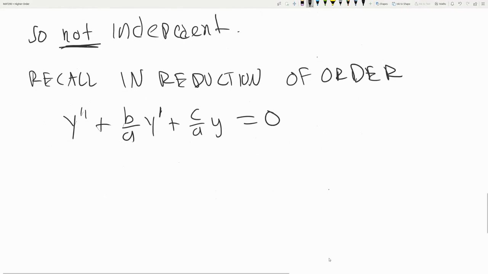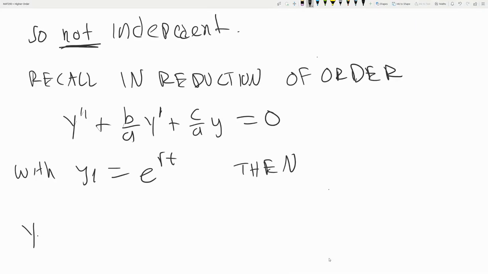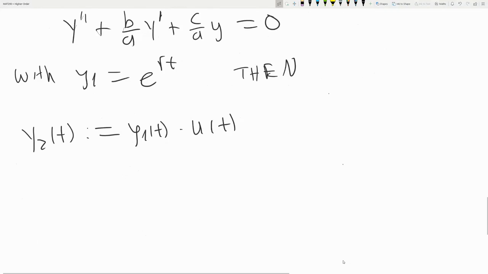So we have an equation with y_1 equal to some function, then y_2 was defined to be y_1 times some other function, right?